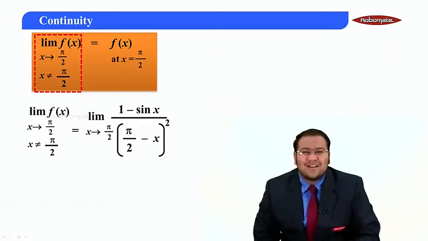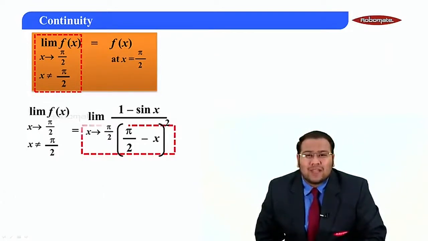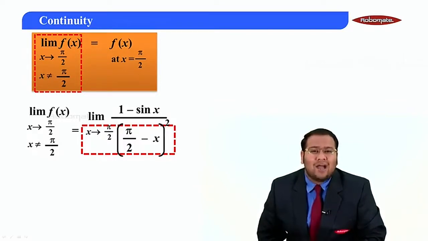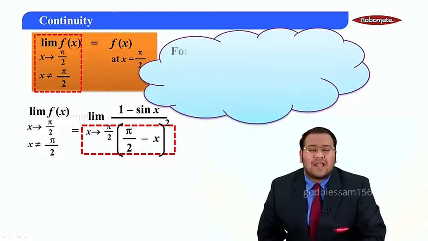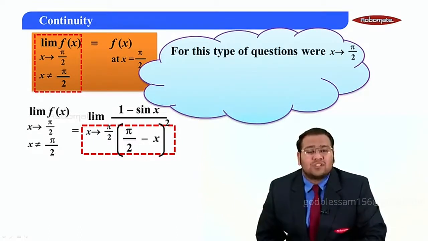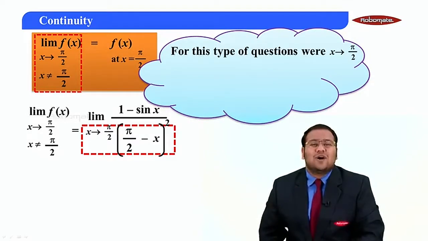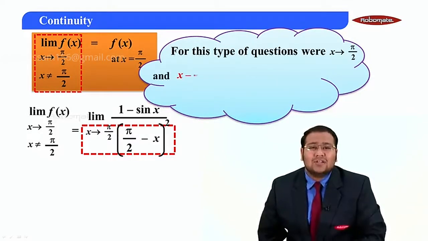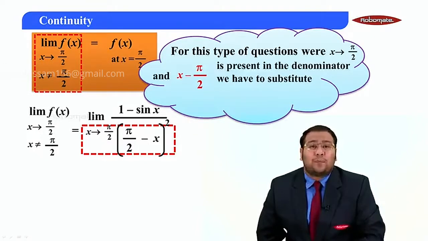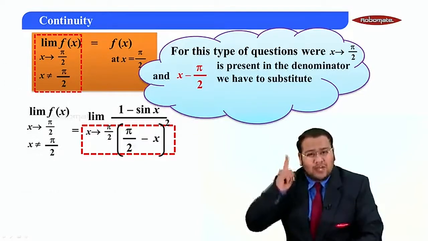You remember that x is tending towards a constant and you have a difference in the denominator. That is, for this type of questions where x is tending towards pi by 2 and x minus pi by 2 is present in the denominator, we have to substitute.